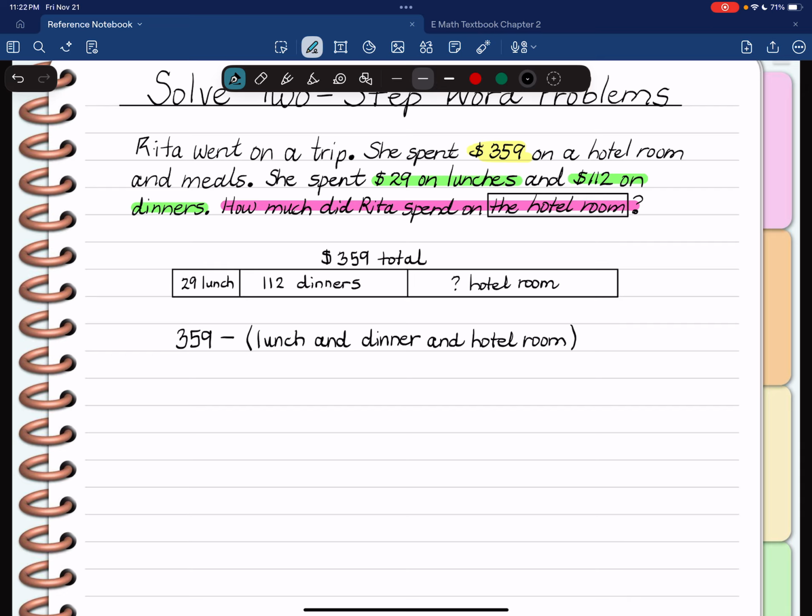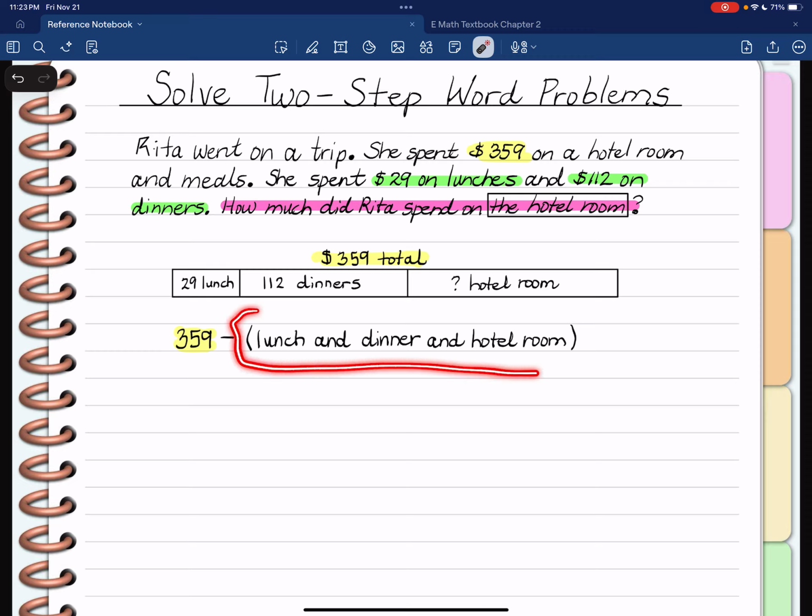So what this diagram is showing me is that I'm going to take my total and I'm going to put that out here. And then this is sort of like the box. It's the bar model that I've drawn. Lunch and dinner and hotel room.